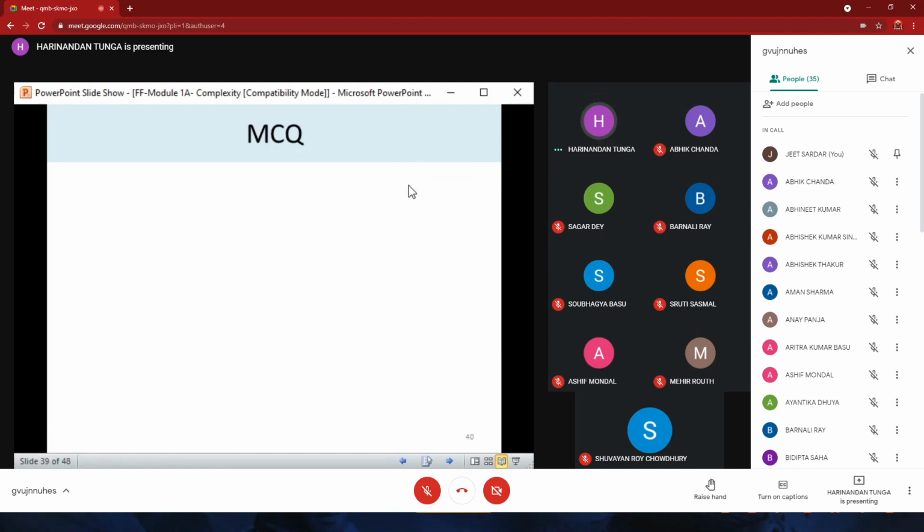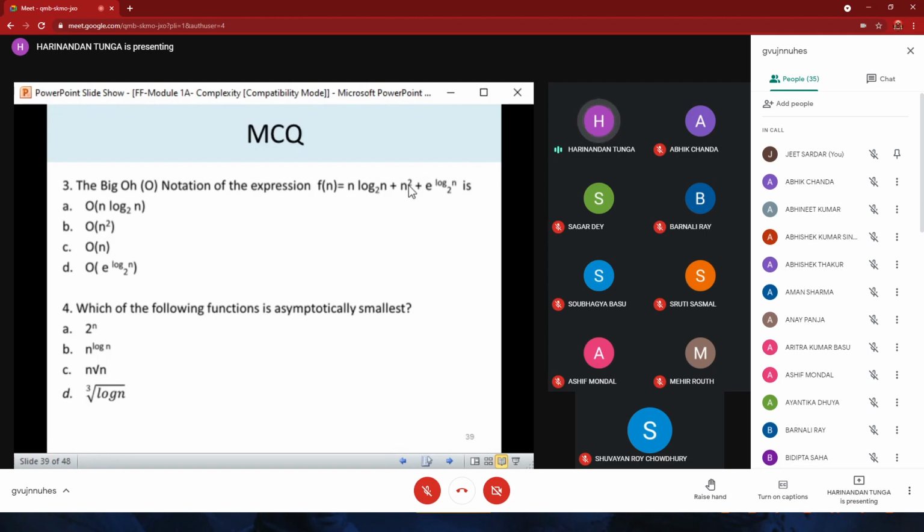Next is question number 4. Which of the functions is asymptotically smallest? Cube root of log n base 2. Here the base is not clearly mentioned.